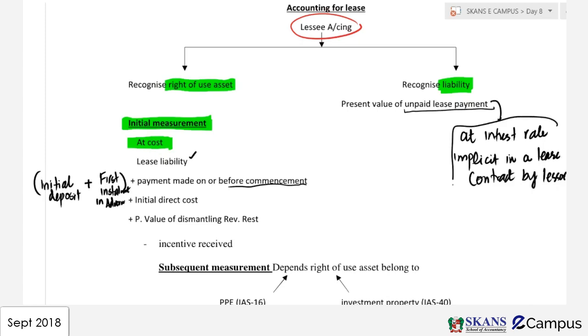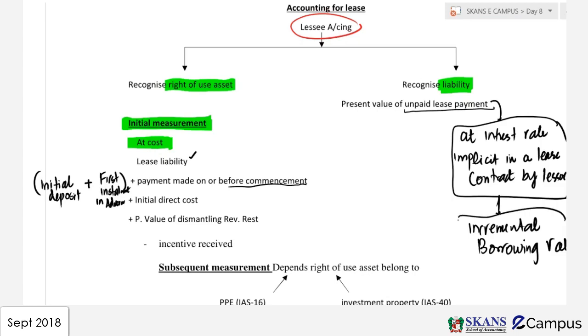But if this rate is not available, then you can use the incremental borrowing rate of lessee. What does it mean, guys? It means if lessee needs to borrow more money on the same terms, then what is the borrowing rate? So incremental borrowing rate of lessee. So you'll take the present value and you'll get the lease liability.